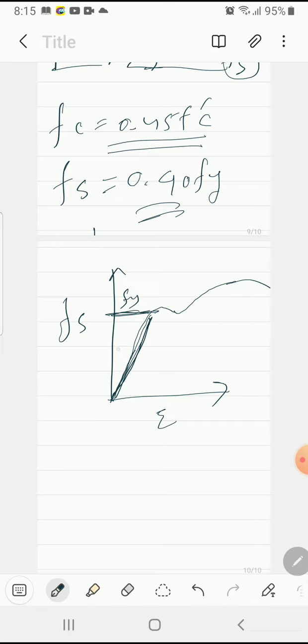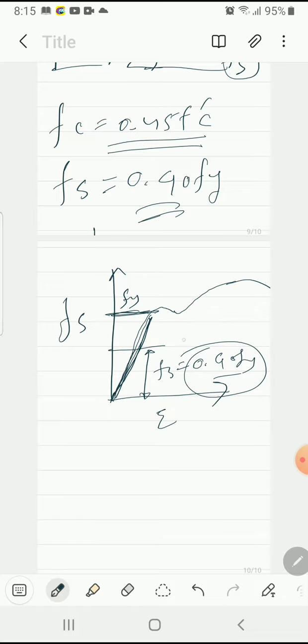Okay, and the Fs in the working stress design or elastic behavior stage, during design, the Fs is taken as 0.40 Fy. That is why it is called elastic behavior.